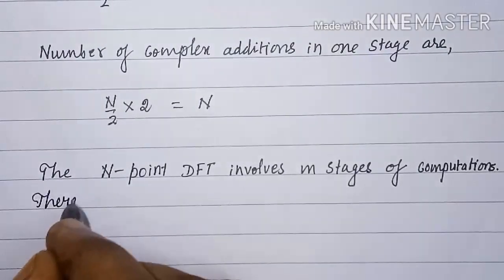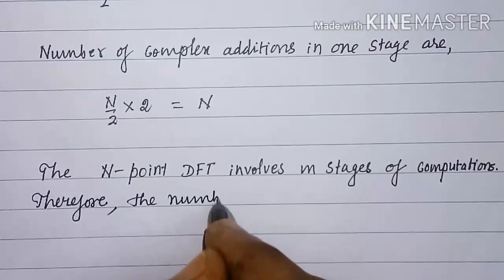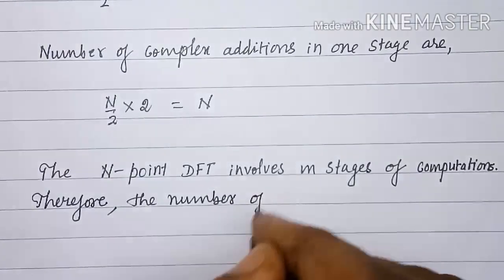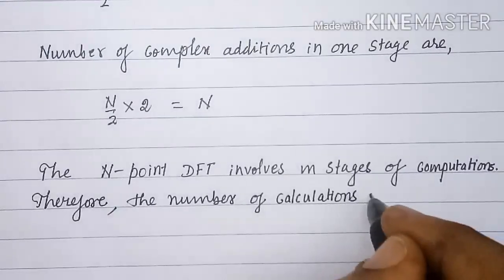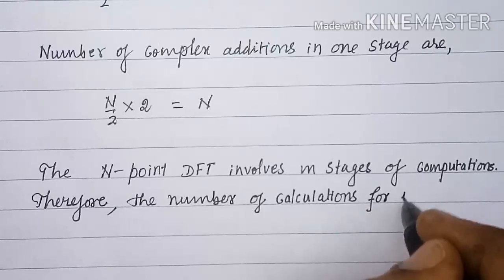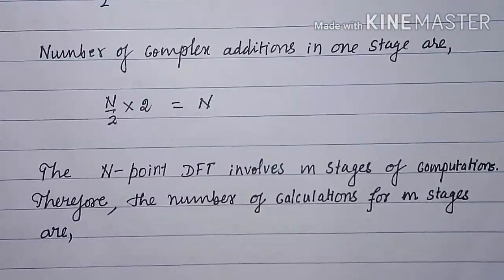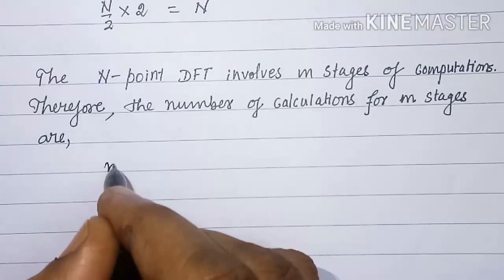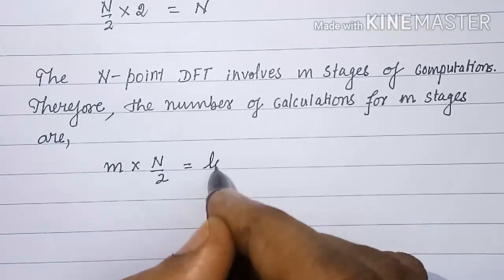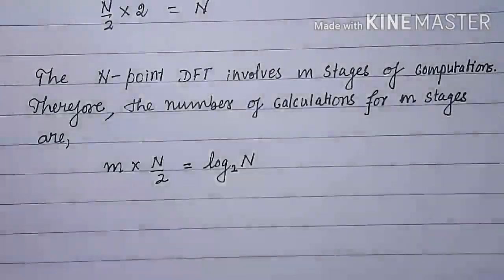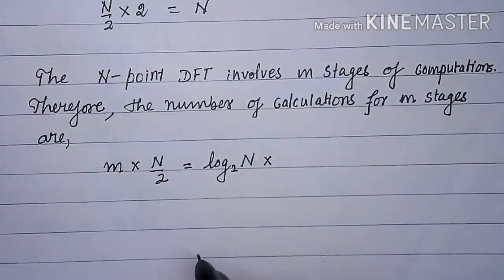Therefore, the number of calculations for m stages are m into N by 2, where m is log N to the base 2, because m is log N to the base 2. We have written it in previous pages.